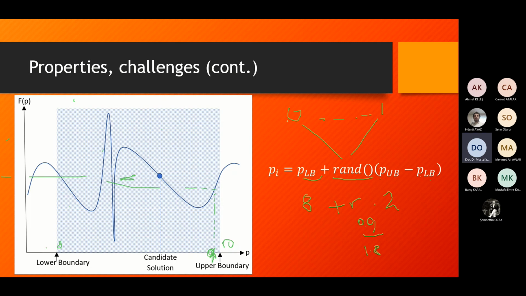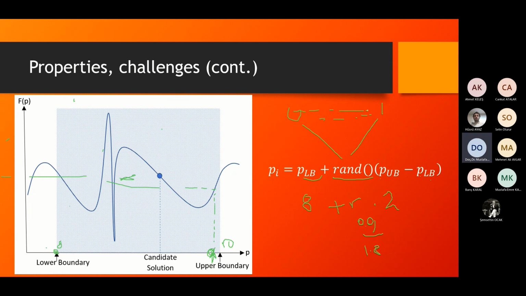By looking at the extremes, I can easily calculate where the other values will land. If it is 0, 2 times 0, because the range is 2, plus 8 will give me 8. So if the random number is 0, I will get the lower boundary solution.